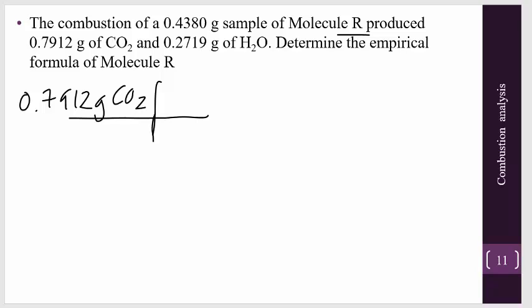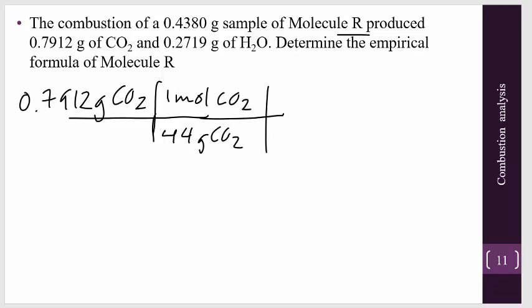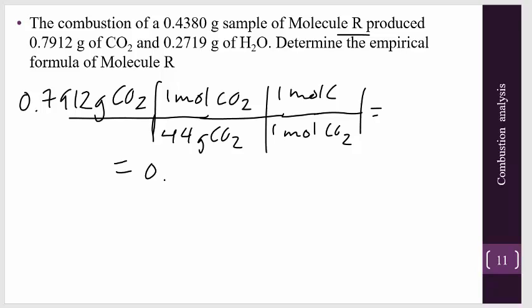In this case we have grams, so we're going to go from this to moles. That's moles of CO2. And now if we had 1 mole of CO2, we'll have 1 mole of carbon because of the formula. So that works out to give us just shy of 0.018 moles of carbon in that original sample.